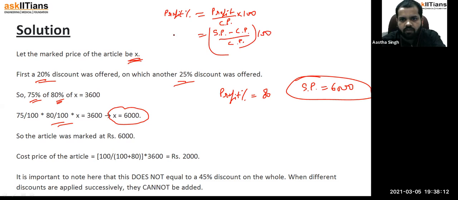This is what profit percentage is, right? If you individually divide it, you will get profit percentage as selling price by cost price minus 1, into 100.